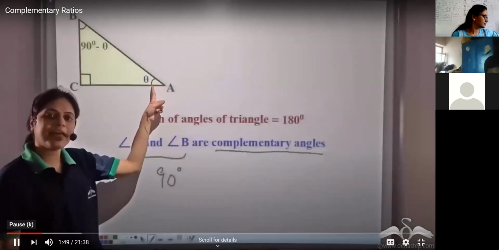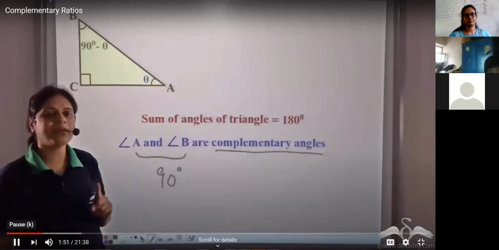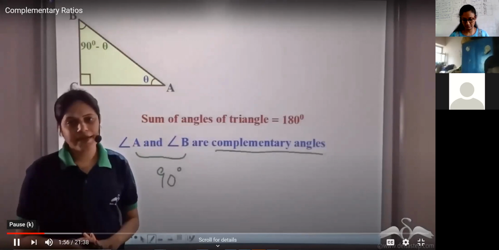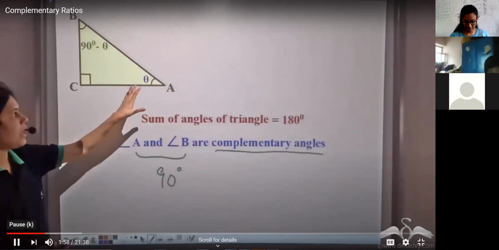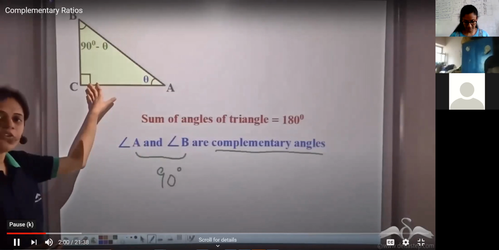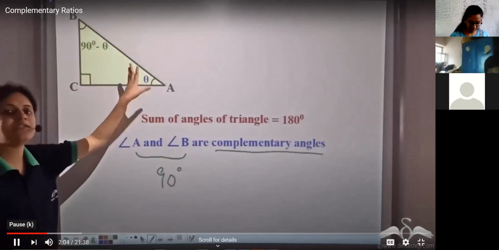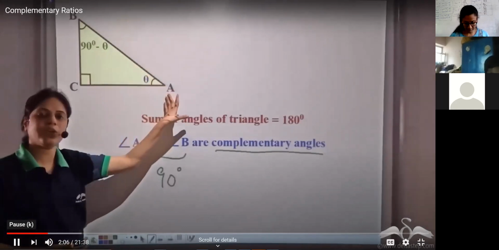So if angle A is theta, angle B will be 90 degree minus theta. So in a right angle triangle, these other two angles apart from the right angle are always complementary angles because their sum will always be equal to 90 degree.